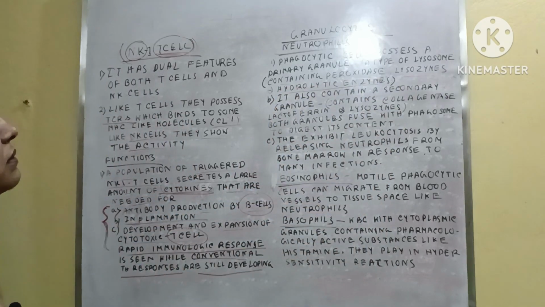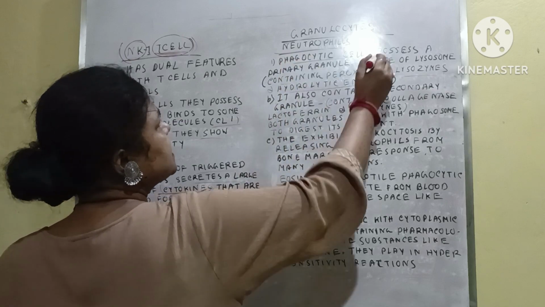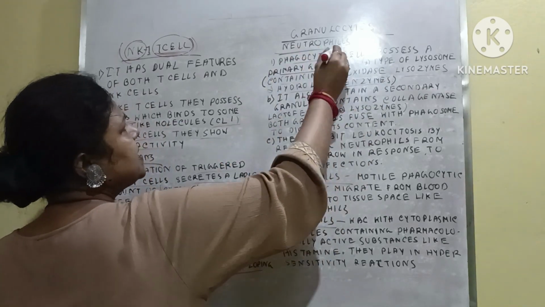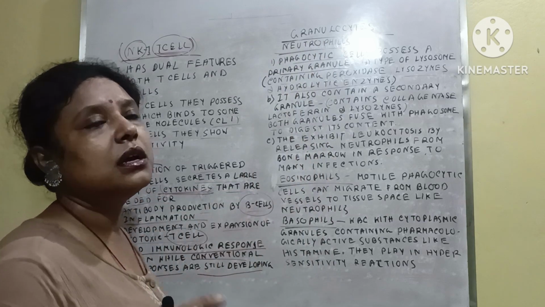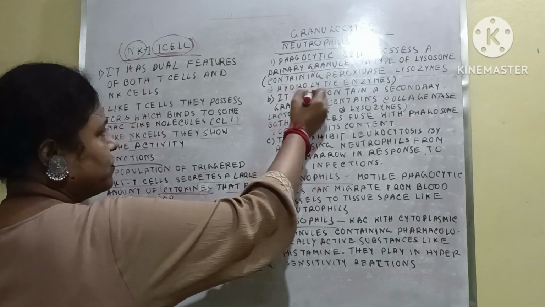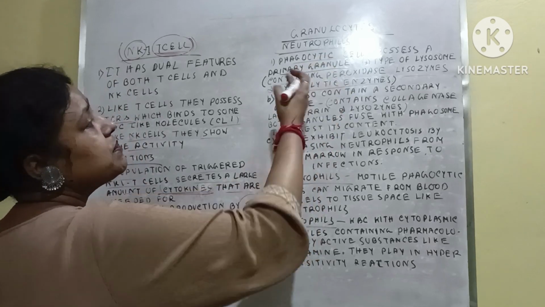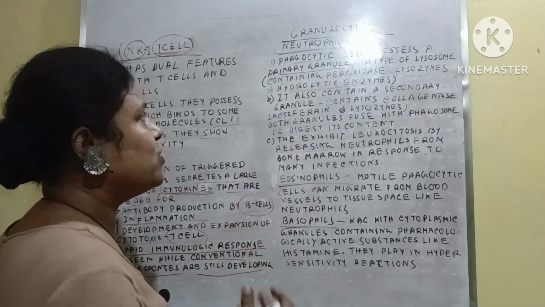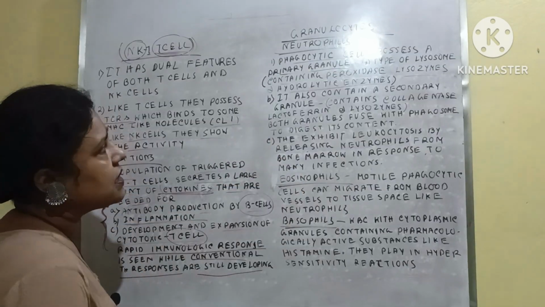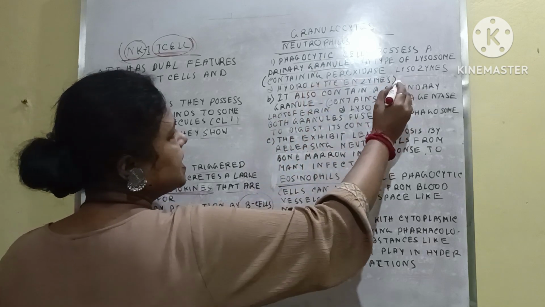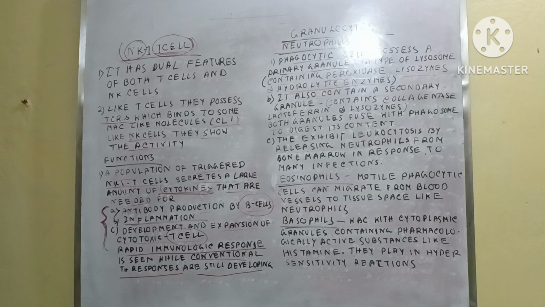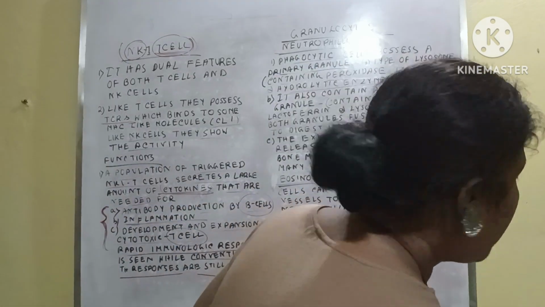So these are phagocytic cells possessing primary granules. Phagocytic cells means they phagocytose the foreign particles with the help of these enzymes. So these are the primary granules, obviously containing peroxidase, lysozyme and hydrolytic enzymes. Clear?